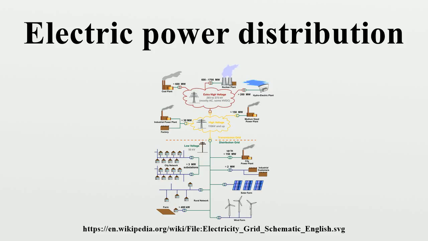Load factor indicates the degree of effective utilization of equipment of distribution line or system. Power factor of connected load. Earthing systems, TT, TN-S, TN-C-S or TN-C. Prospective short circuit current. Maximum level and frequency of occurrence of transients.